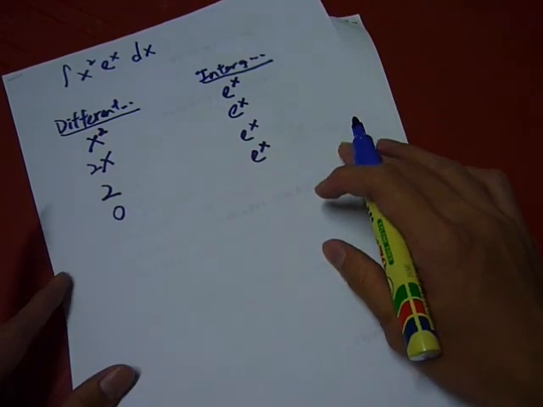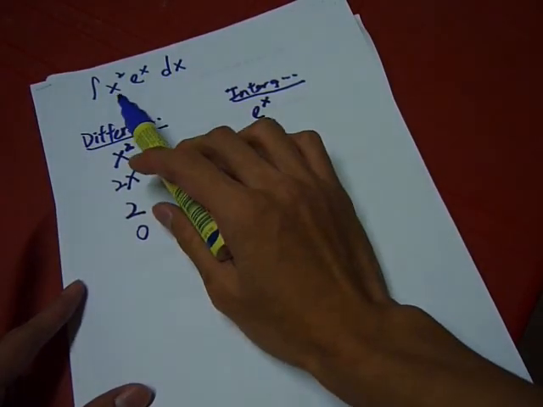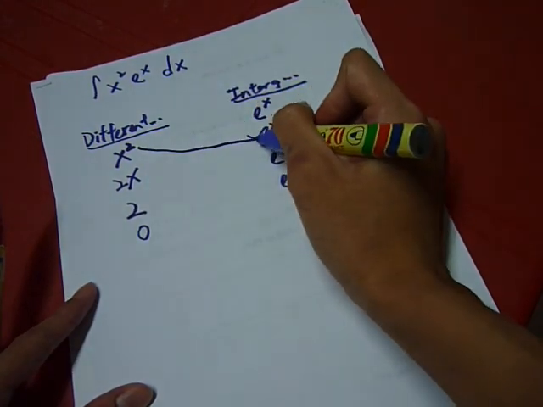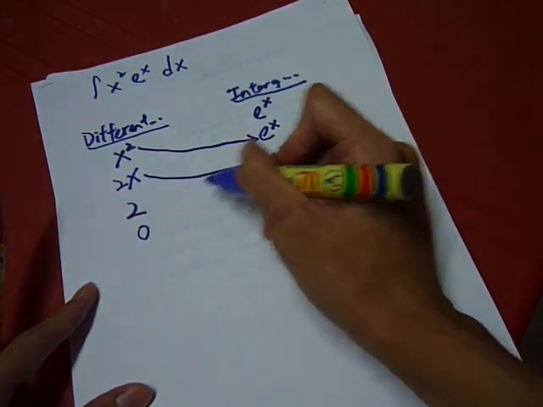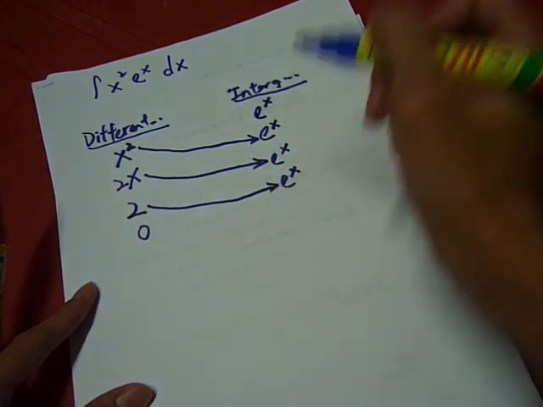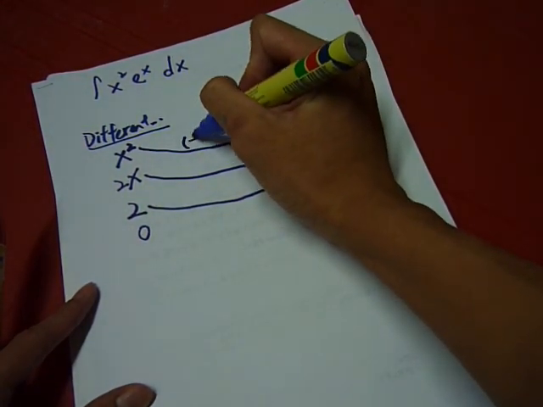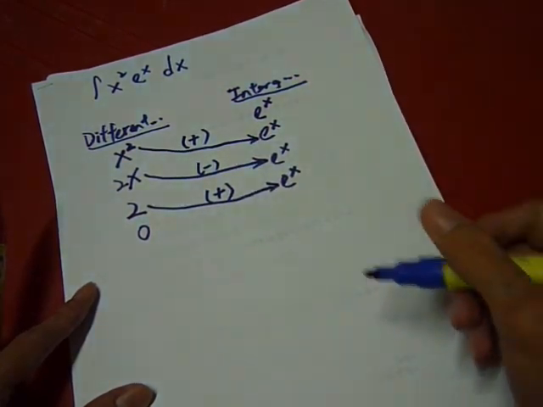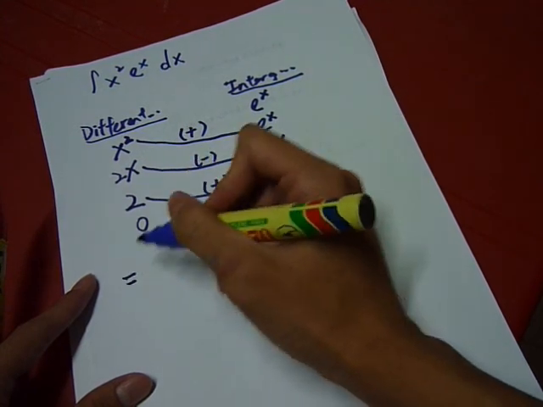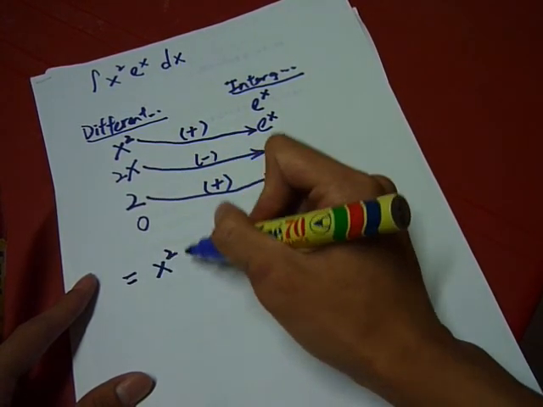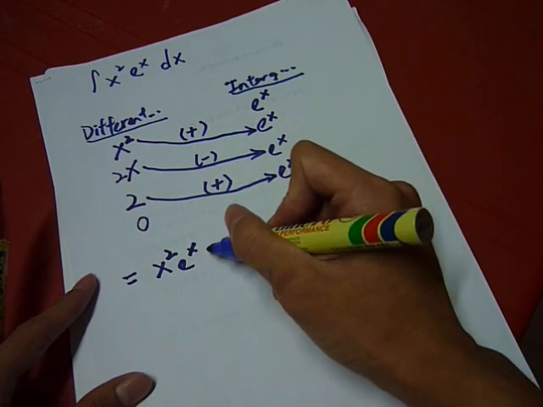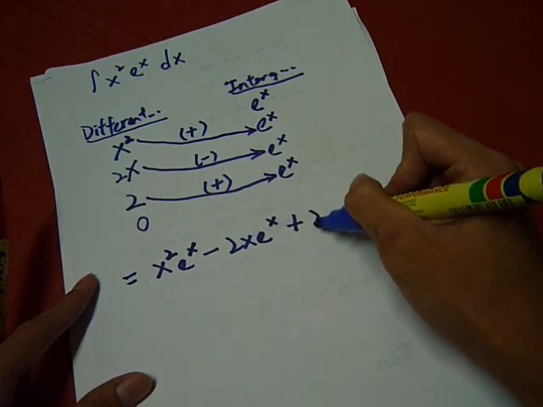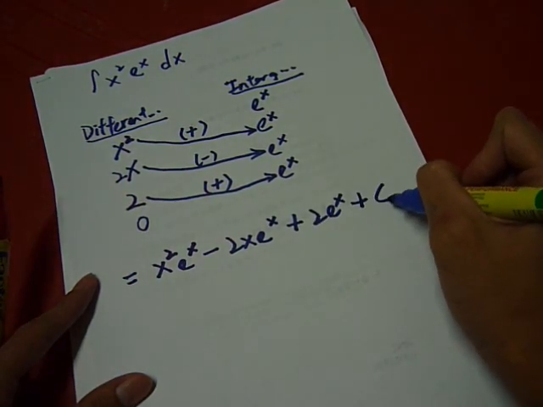Okay, so the answer of the question will become this times the second, this times the second, this times the second, and the first is positive, and then negative, and then positive. So the answer of that is equal to x squared e^x minus 2x e^x plus 2e^x plus c.